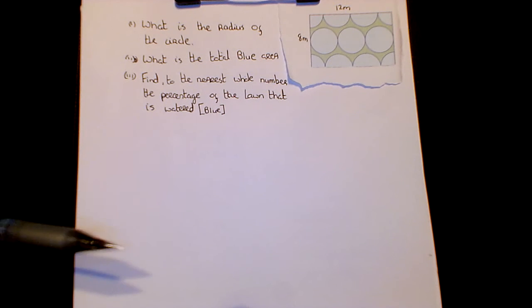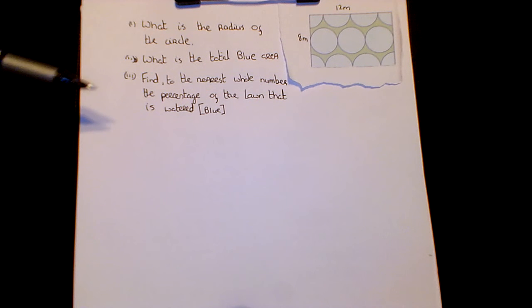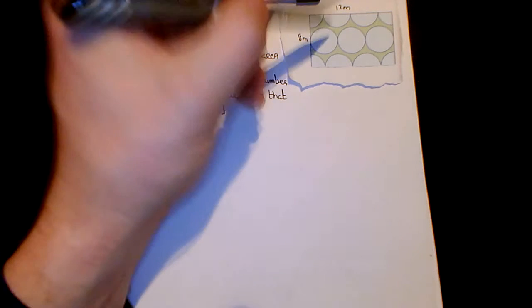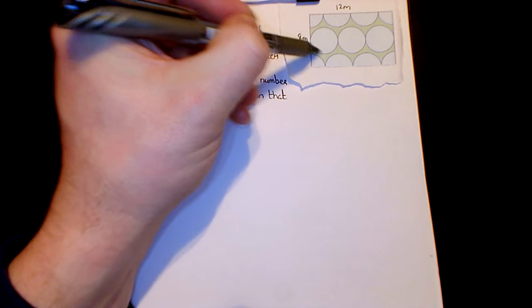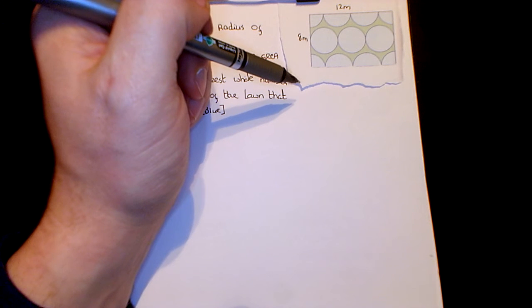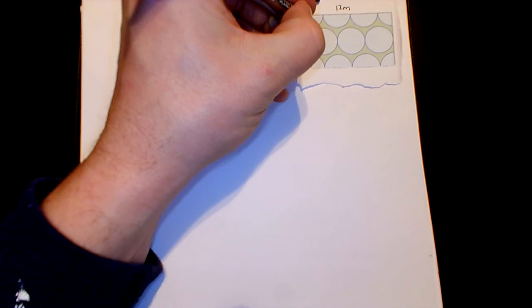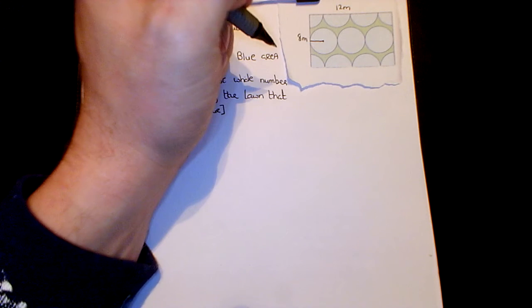So what they're asking us for first is the radius of the circle. So here's one of the circles. If you look at it first, it doesn't tell us. Just remember the radius is from the center of the circle out to the edge.